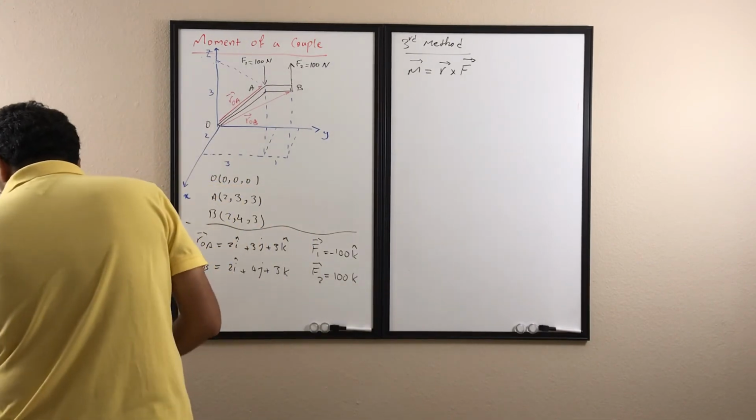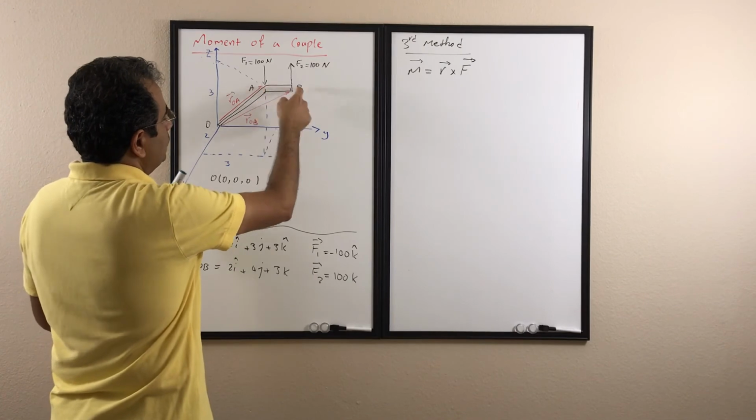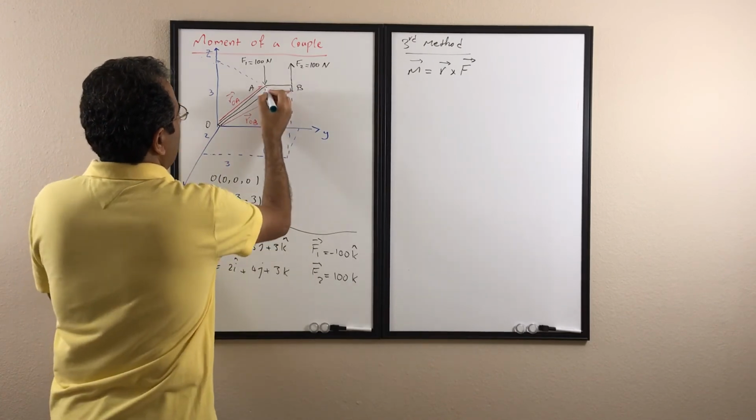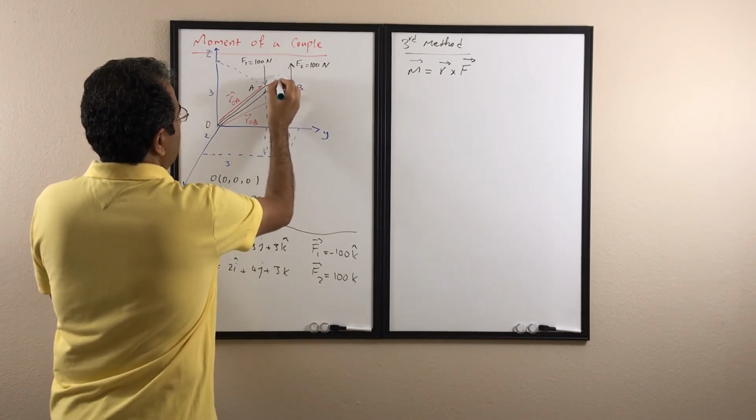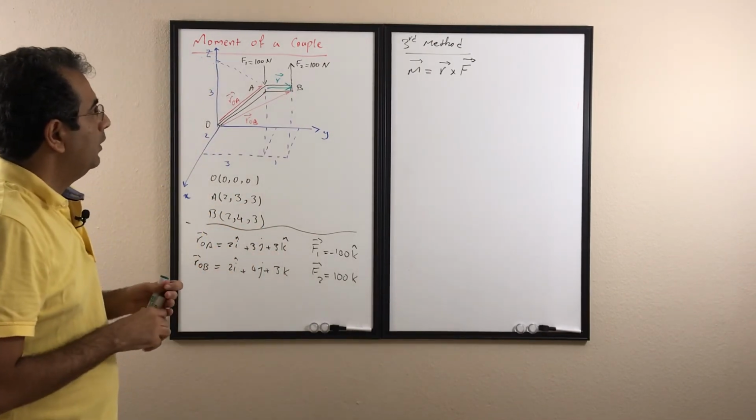And what's going to be R? R is going from one of them to the other one. So assume this is the R, going from A to B. So that's the R I want to have.